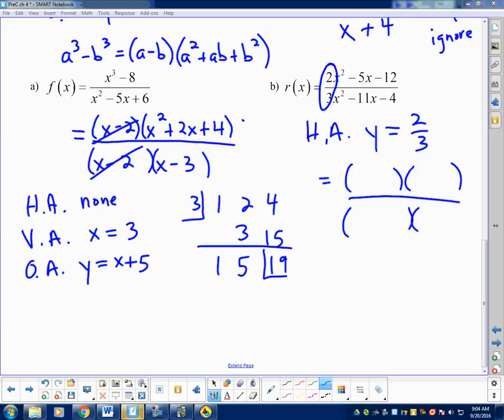So here we go. I think this can factor. 2x squared minus 5x minus 12. Probably going to be 2x and x. Minus 4 plus 3, is that it? Minus 8 plus 3, yep.